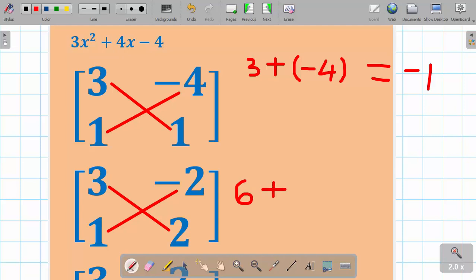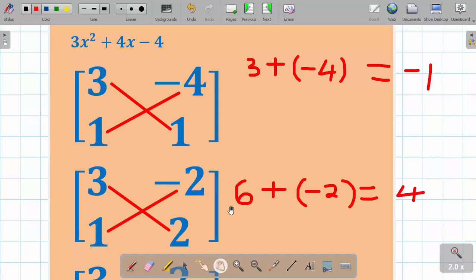When I add the positive 6 and negative 2, I get positive 4. Look at my middle term. It's positive 4, which means it's the right pair to use.